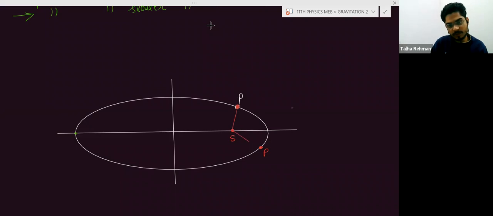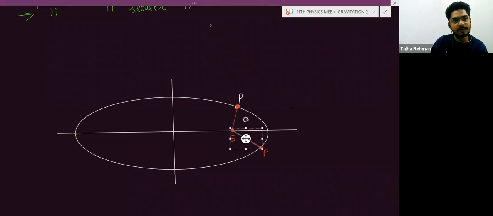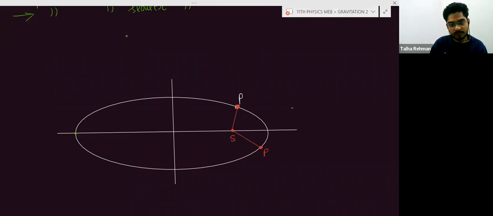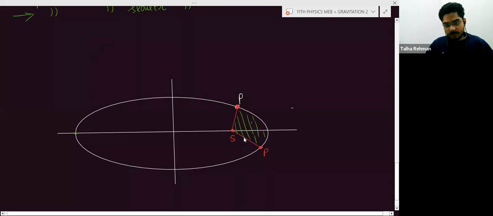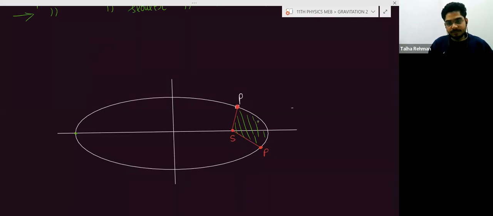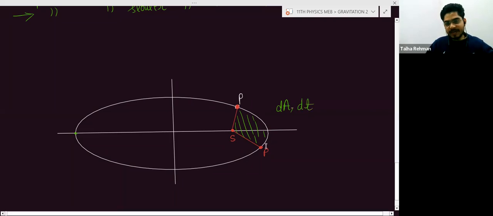So what is the concept of area swept? Area swept will be this value. This will be the area swept by the planet. Suppose this area is dA, and this area is swept in time interval dt. dA is a very small area.